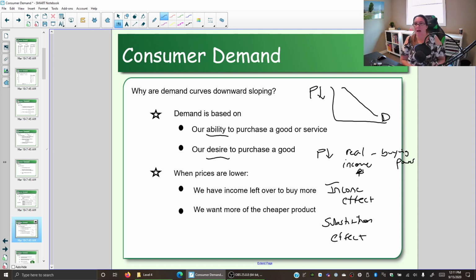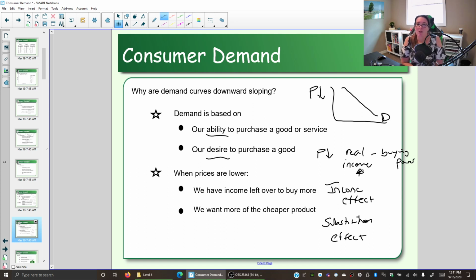So, for example, let's assume that you have 20 bucks to spend for lunch today. Okay? And normally you go and you get a sandwich and a drink, and that costs 10 bucks. If the price of the sandwich falls, so now you can get a sandwich and a drink for $5, you could now, with your 20 bucks, afford more than one sandwich.